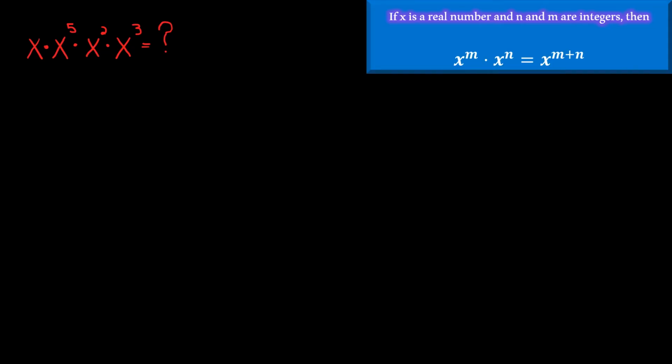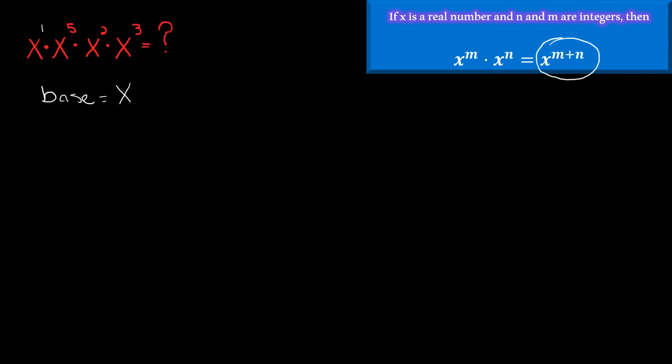Let's go ahead and get our feet wet. You have x to the first times x to the fifth times x to the second times x to the third. So our base is going to equal x. Let me circle it over here where we have the formula.